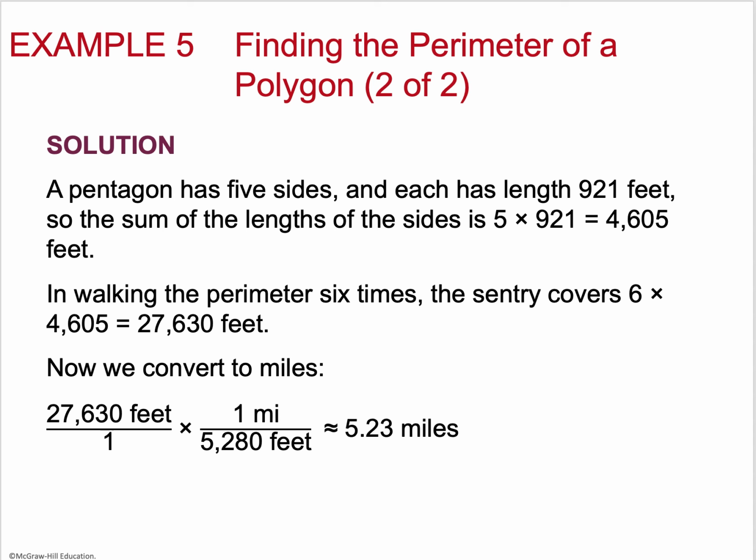So the pentagon has 5 sides, and each side has a length of 921 feet. If I take the perimeter, it would be 5 times 921 because this is regular. Each piece is the same measurement. If he walks that 6 times, then I'm going to have to take that distance and multiply it by 6, and then convert it to miles, which is where the 5.23 miles comes from.